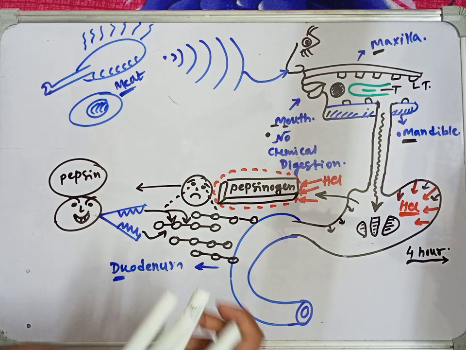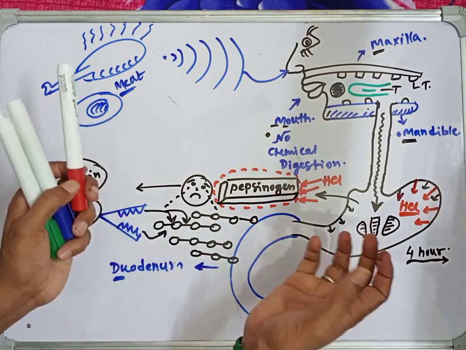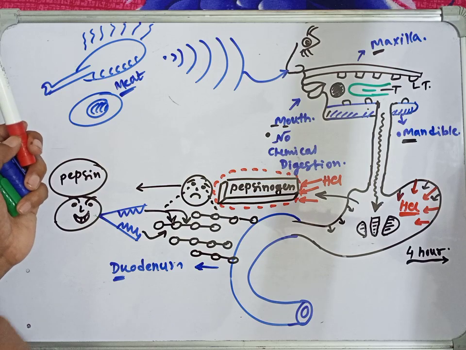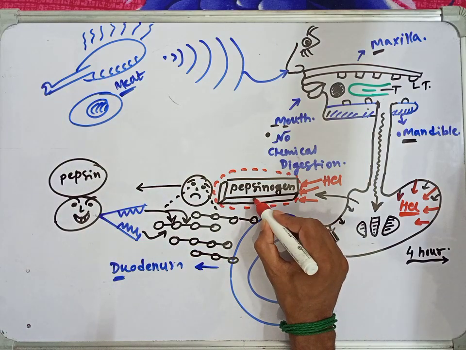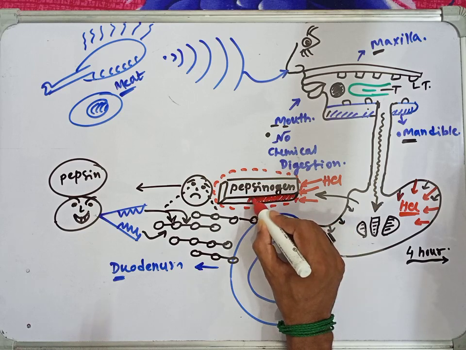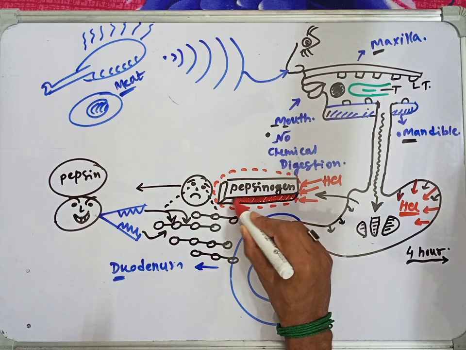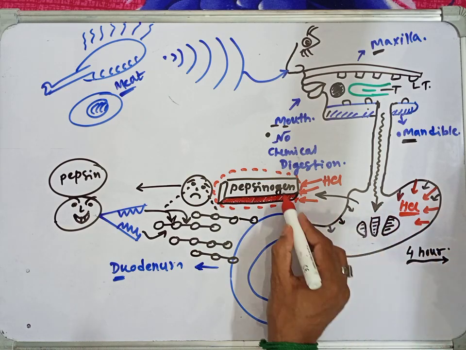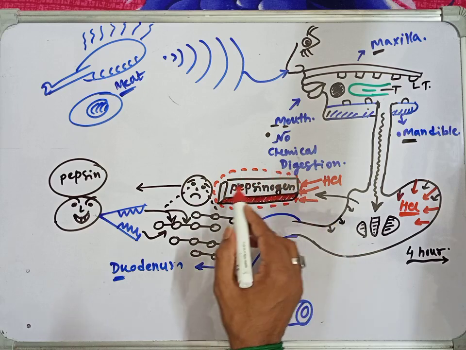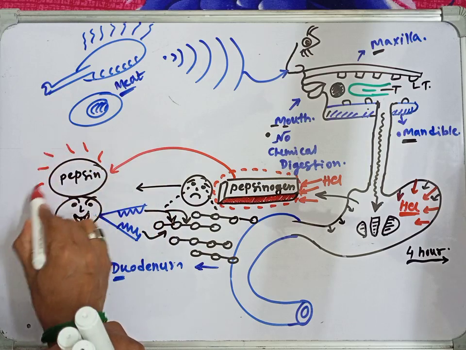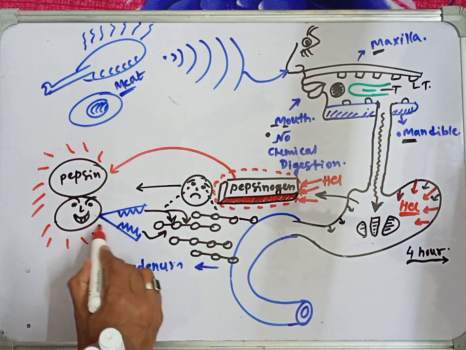Pepsin is not directly secreted as an active enzyme. It is first released as an inactive enzyme called pepsinogen, and when pepsinogen comes in contact with HCl, also secreted by the stomach, it converts into active pepsin.